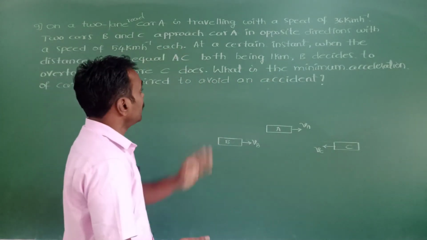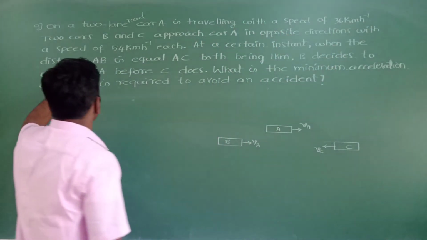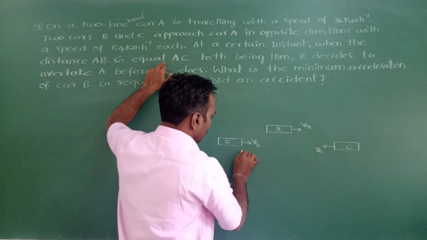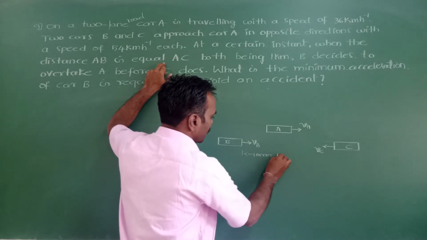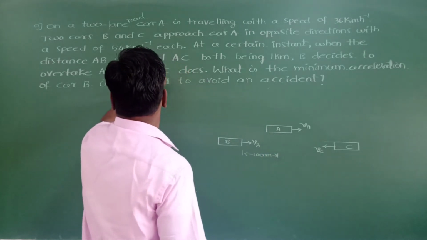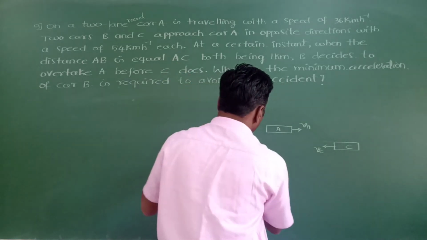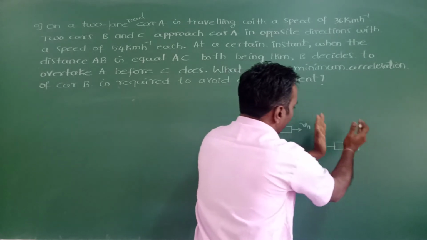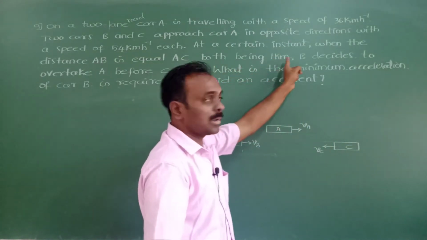Next one. At a certain instant, the distance AB is equal to the distance AC, which is 1000 meter. So the distance of car B from A is equal to the distance of car C from A, which is 1 kilometer.